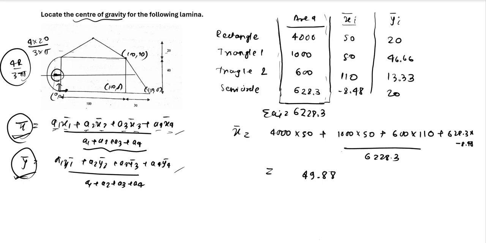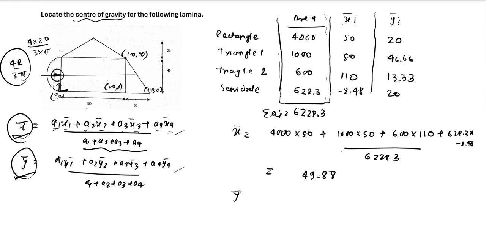We have 4000 into 50, 1000 into 50, 600 into 110, minus 628.3 into 8.48, divided by 6228.3. Yes, 49.88 will become your value of the center of gravity in the x direction.